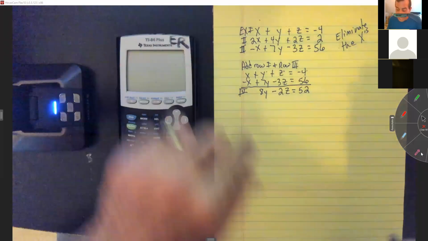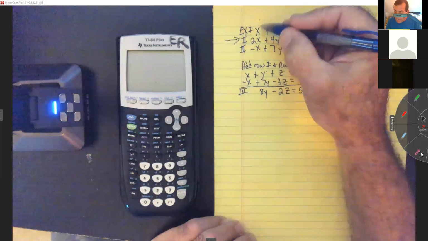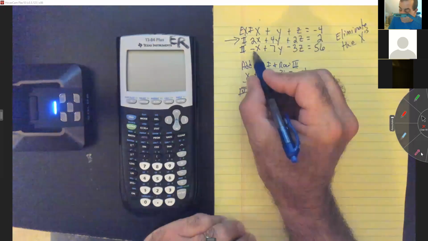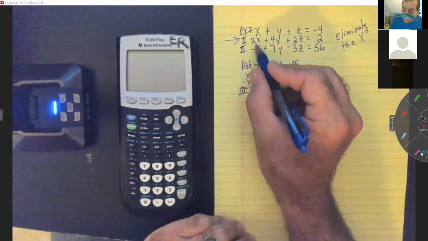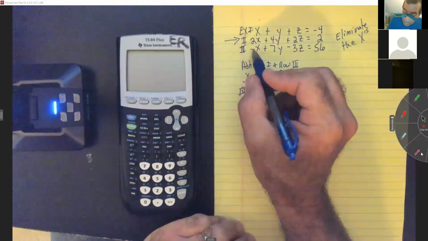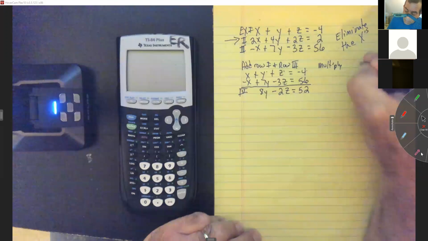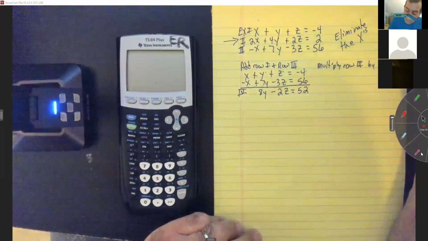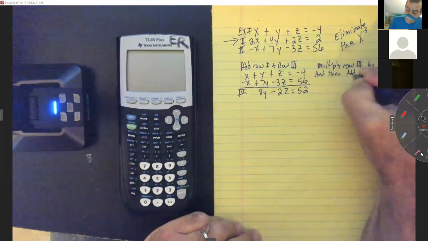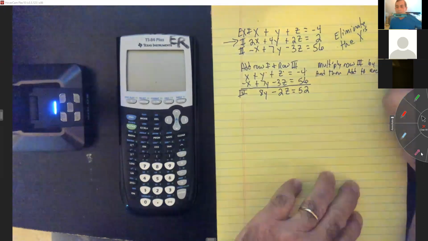Now we've got to use row 2 and one of the other rows to get rid of the same x's. Because 2x and -x won't cancel, I'm going to multiply row 3 by 2 so that I can make that a -2x, and then add to row 2. Let me use my Roman numerals.